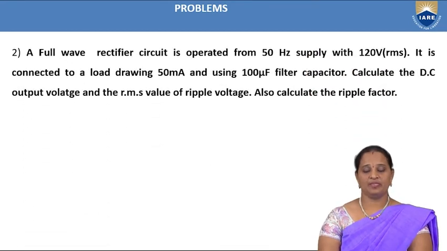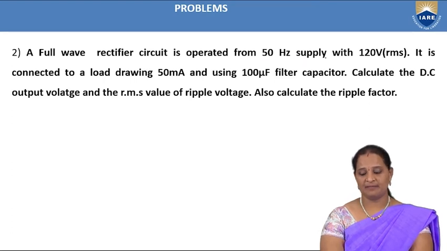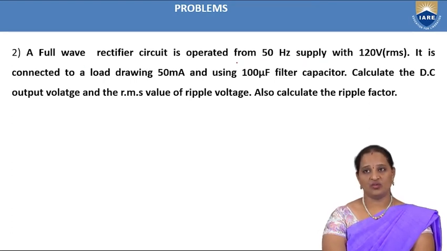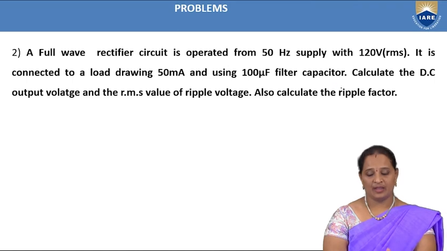Now the second problem: a full wave rectifier is operated from a 50 Hz supply with 120 volts RMS value. It is connected to a load drawing 50 milliamperes and using a 100 microfarad filter capacitor.